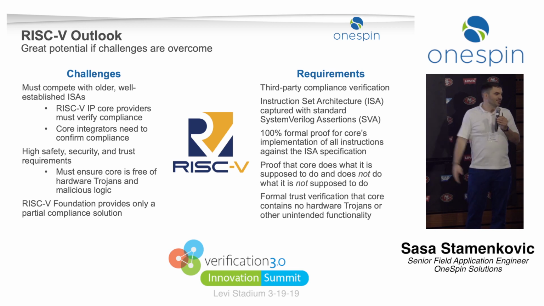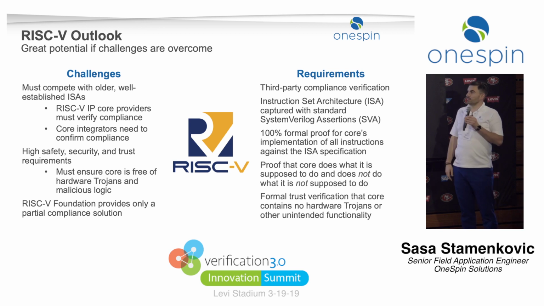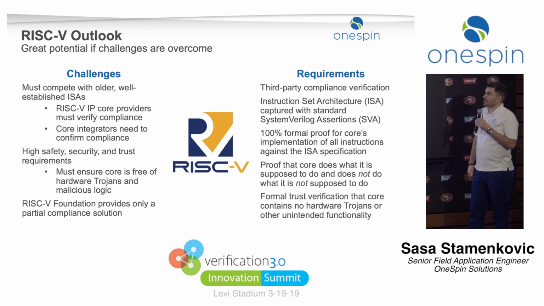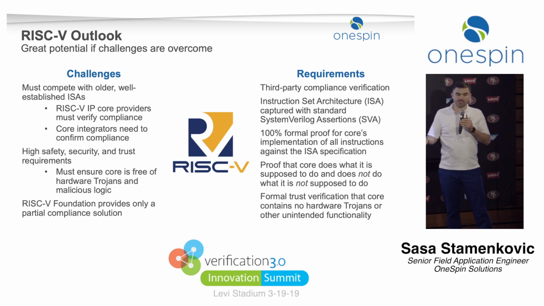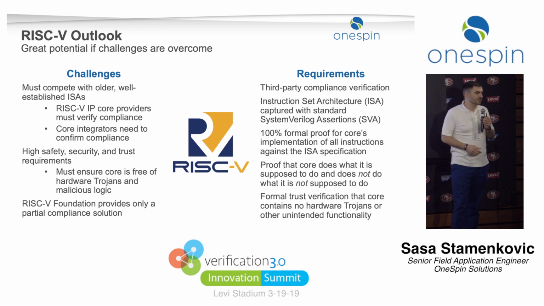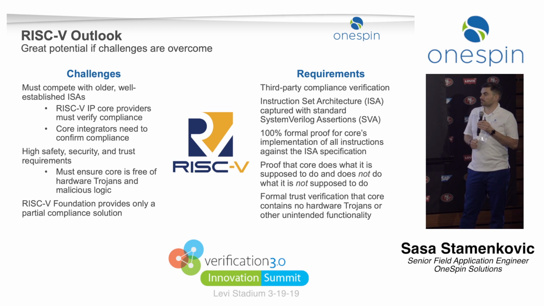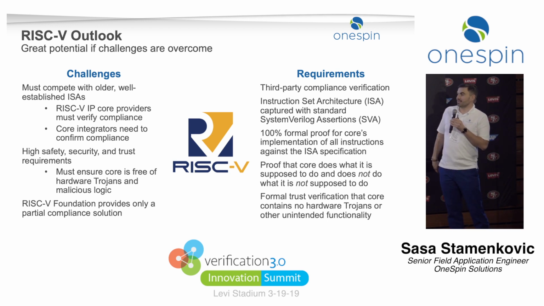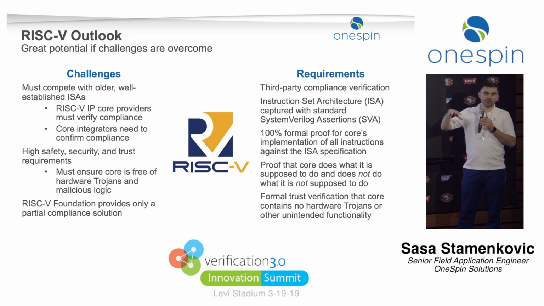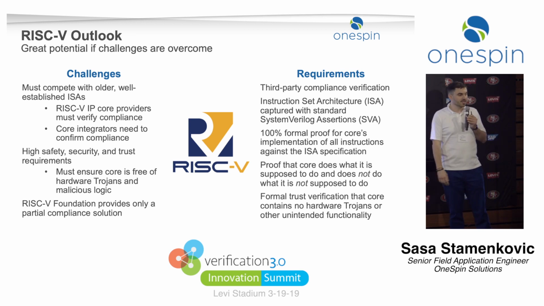So every next generation of it needs to really be compliant. Then also, since it is an architecture with a core, we need to address the safety and security and the trust on it. And also, as said, there is already a part of the verification environment that is there.